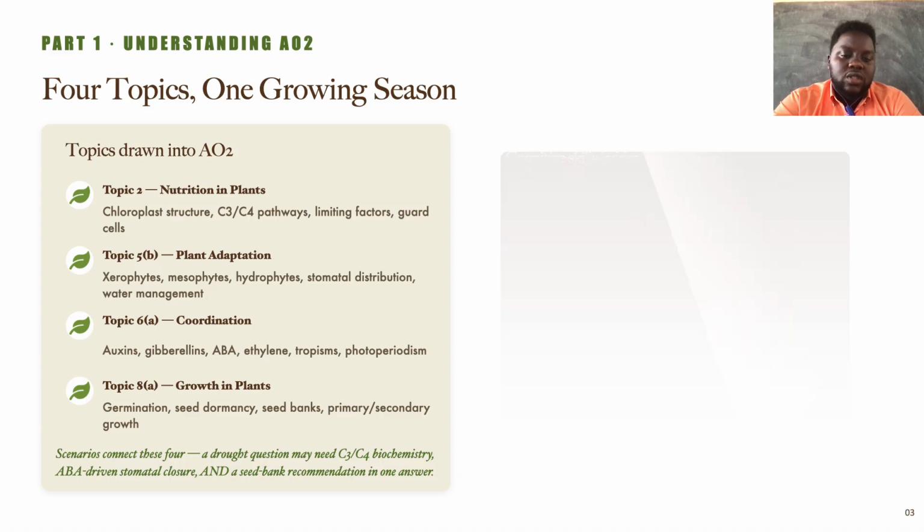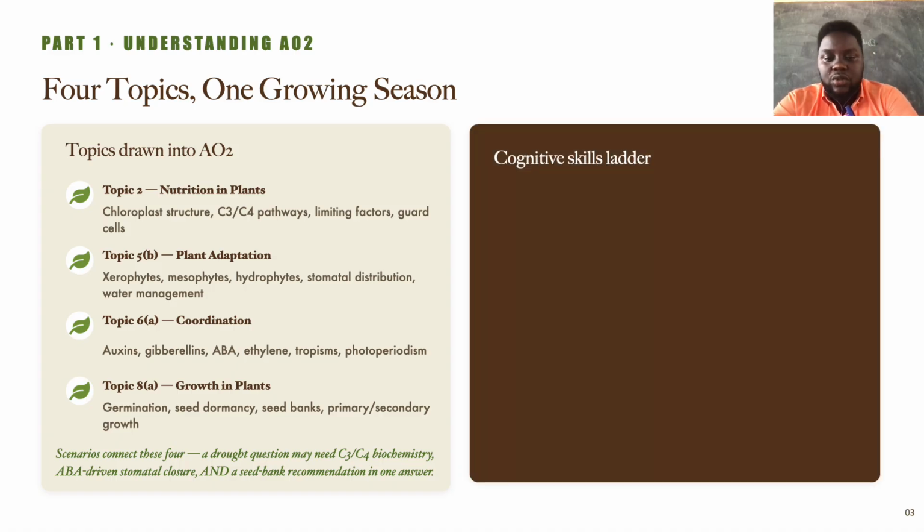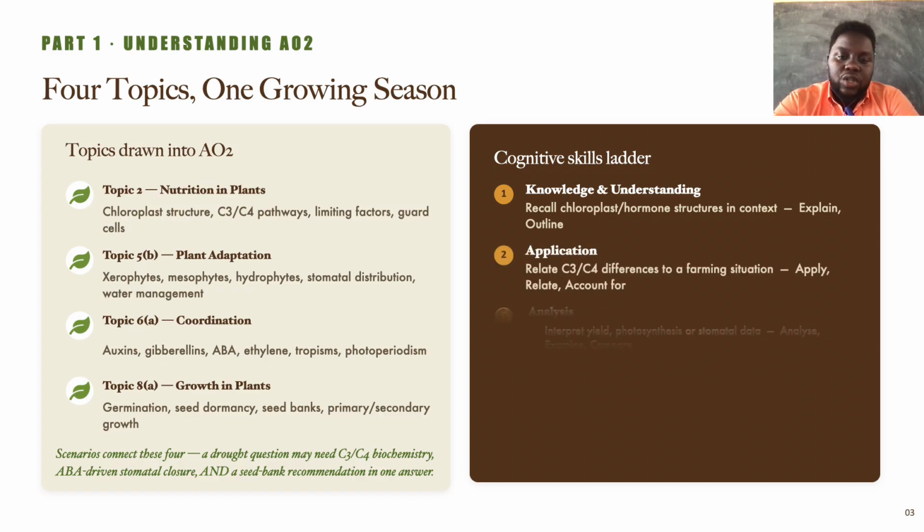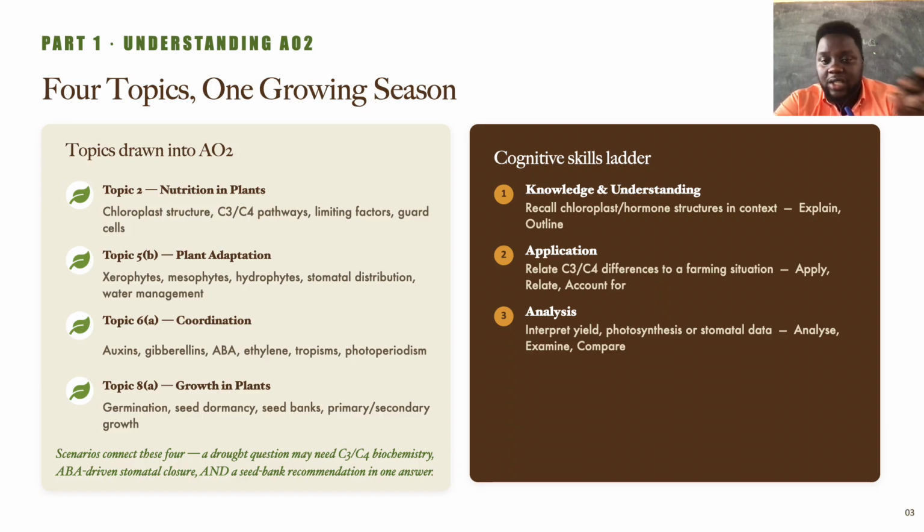Now, let's go to this side of the screen, the cognitive skills ladder. I want you to notice something here. This ladder is identical in shape to the one we used in assessment objective 1. We have knowledge and understanding, and then we have application and analysis, synthesis and evaluation. So the evaluation is at the top. The actual skill of climbing this ladder, moving from simply recalling a structure to applying it, to analyzing the data with it, to evaluating a strategy built on it, transfers completely between assessment objectives.